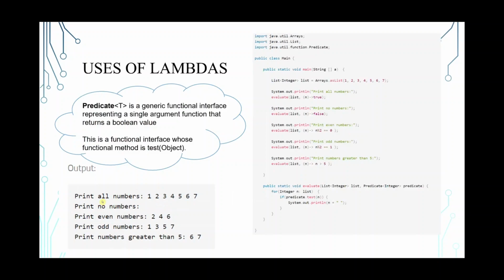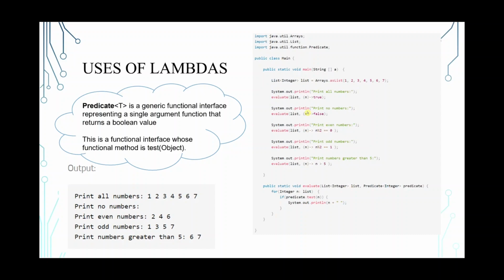So here's another example, a little bit more complicated than the previous example. So we have a list of integers, the same list, and we want to print a specific number of elements, where we have a condition applied on those elements.